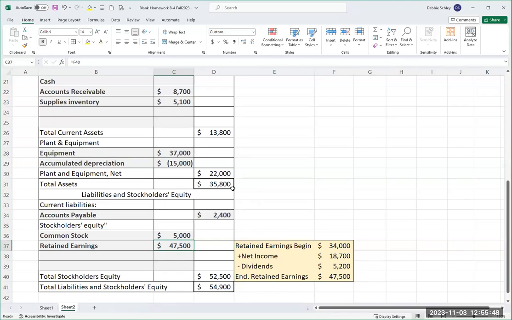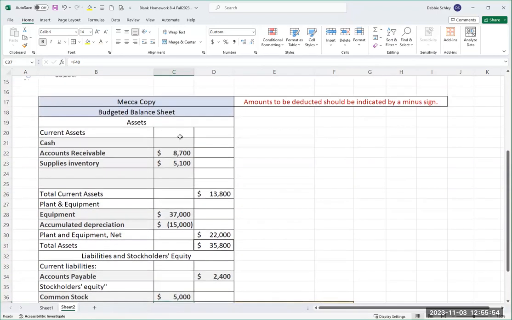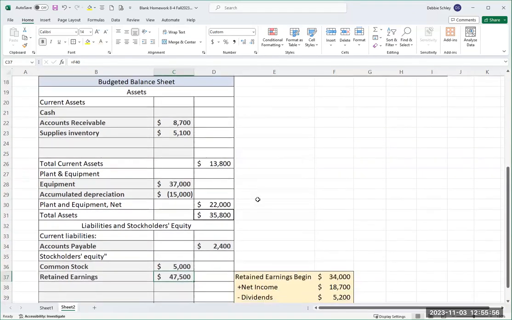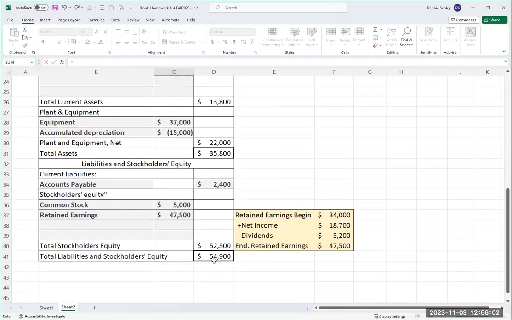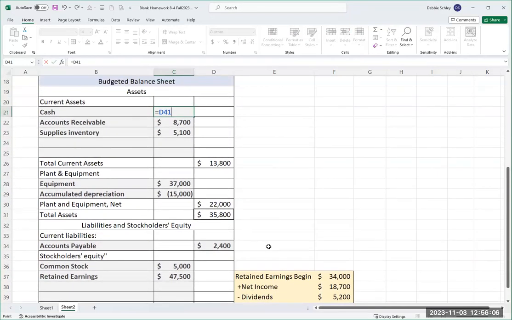When I do this right, these two numbers will be the same. But we can use this number to help us figure out what the beginning cash is. So we take the total liabilities and stockholders' equity, and then we minus total current assets and minus plant and equipment net.